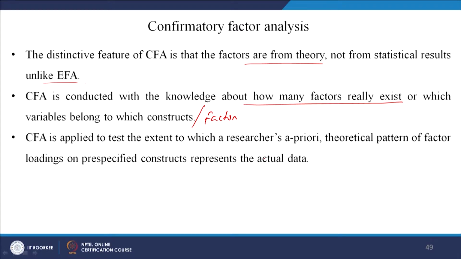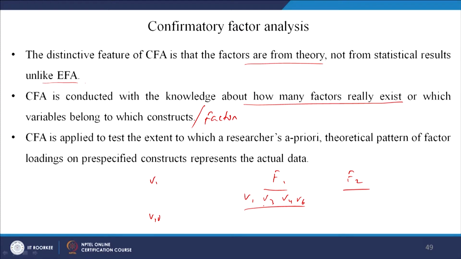Suppose there are two factors. In the exploratory factor analysis we had, let us say, V1 to V10, and after doing the study we found that V1, V3, V4, V6 were loaded into factor 1 and the remaining into factor 2. From the factor loadings we found the variables' connection with the factors.